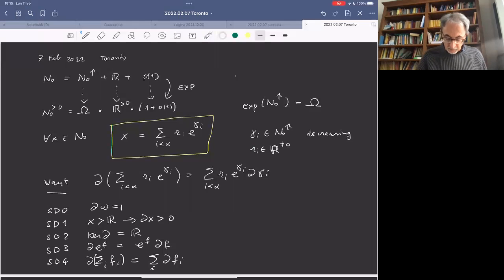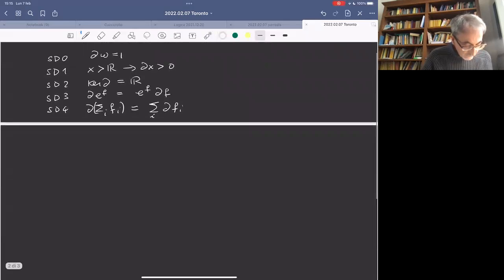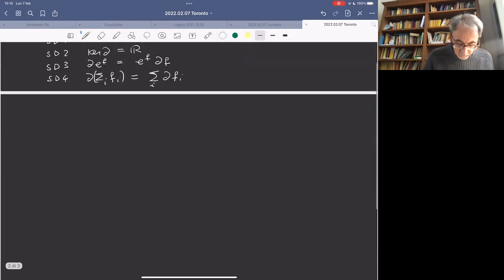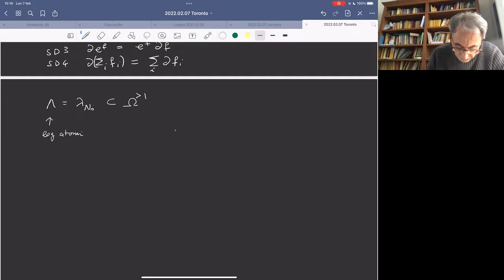And what is critical is how the derivative behaves on the so-called log-atomic numbers. Let me now recall that the log-atomic numbers are the image of the map called lambda.